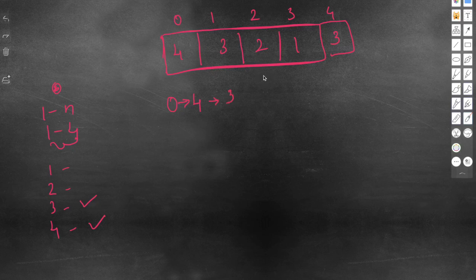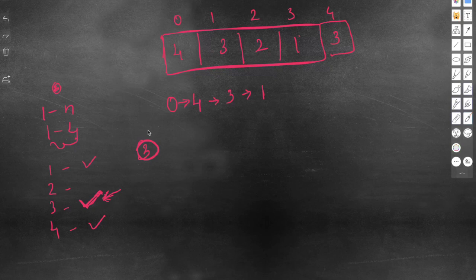I visited 3 and saw that the value at index 3 is 1. So I will mark that I have visited 1, and the next index I am going to travel to is 1. What is the value at index 1? That is 3. I will go to 3 and mark it as visited, but you can see here it is already marked. That means somewhere in the past I have already visited 3. This indicates that we have already visited it once, so we can print that 3 is the duplicate element in our array.